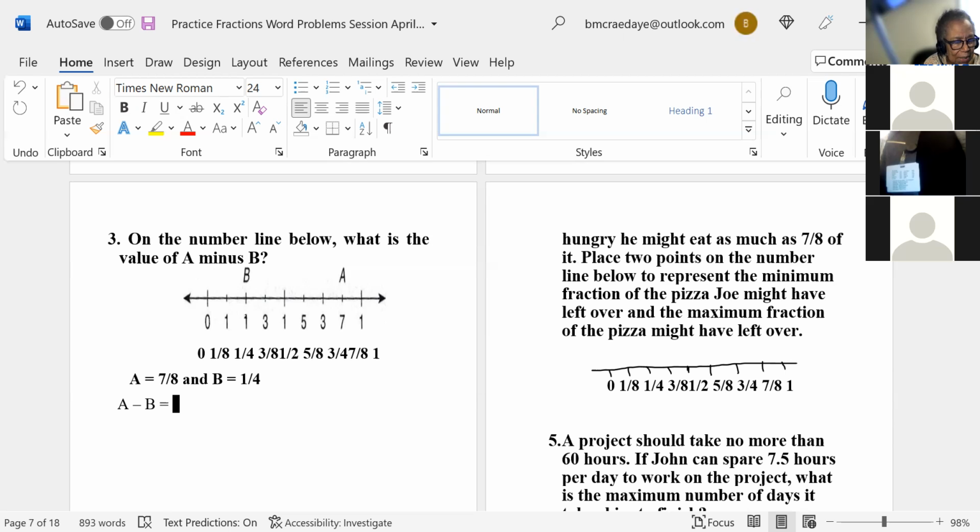What's your least common denominator? 8 doesn't go into 4. See, the least common denominator has to be a number that both 8 divides into and 4 divides into. So what is it, Mercedes? 8.